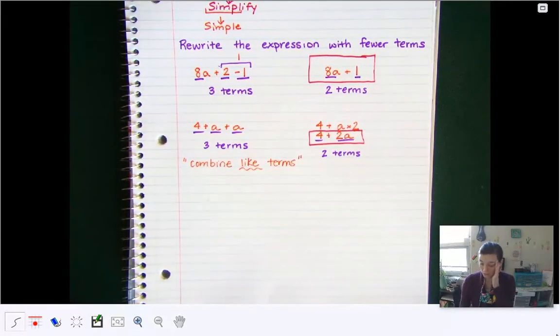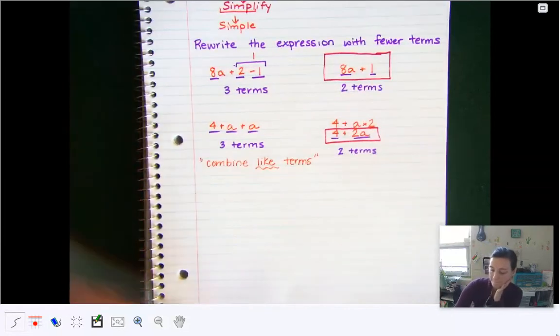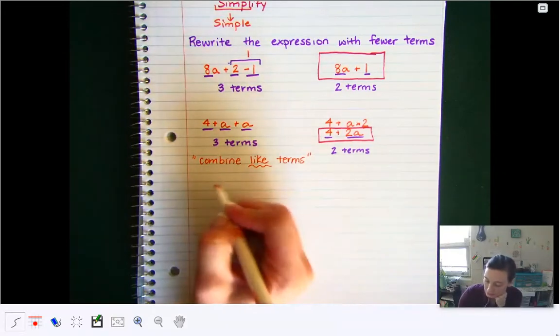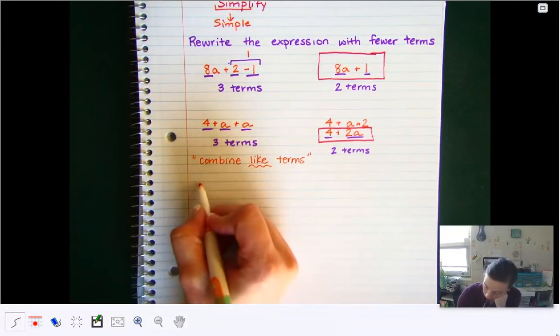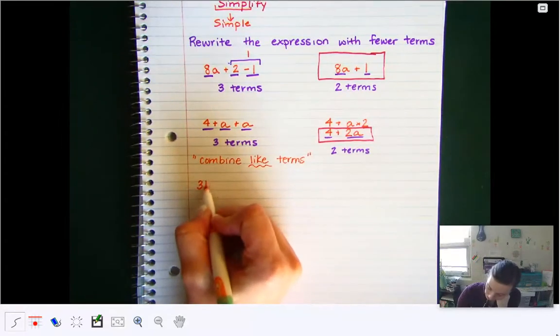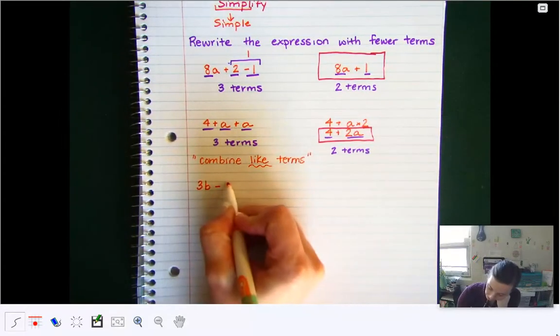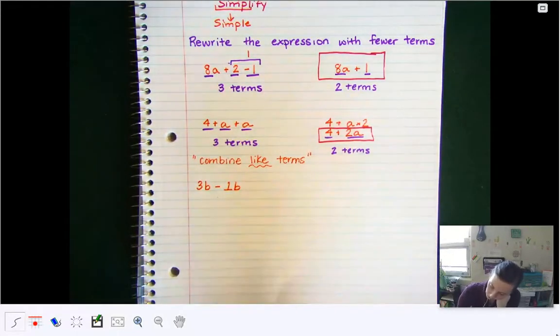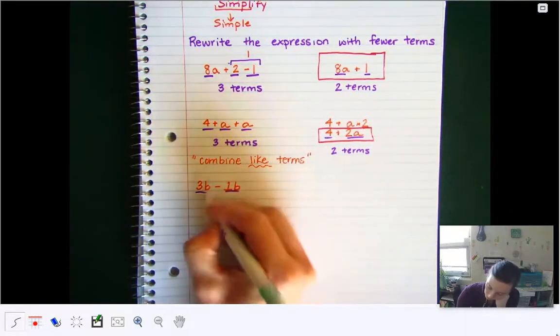All right, let's do one more, and then I'll give you one to do for the road. Let's do 3b minus 1b. Right now I have 2 terms.